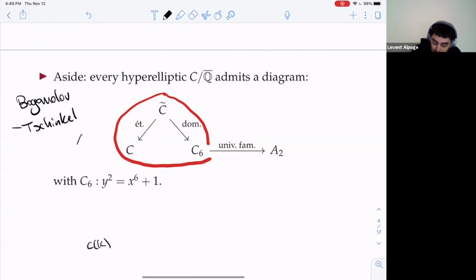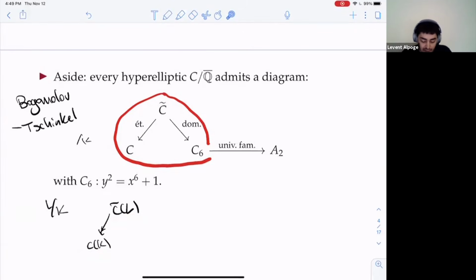Let's say in this diagram everything's defined over K, a large enough number field. We're asking, what are the K points of my hyperelliptic curve C? Well, by Chevalley-Weil, because I said this map was étale, there's an explicit extension L over K such that all K points downstairs lift to L points upstairs.